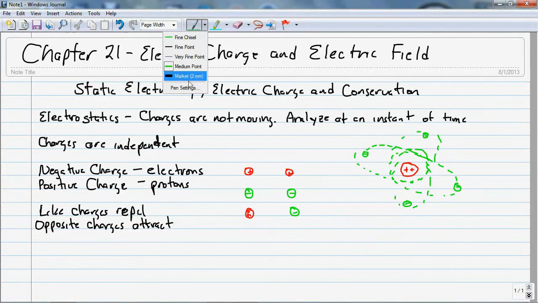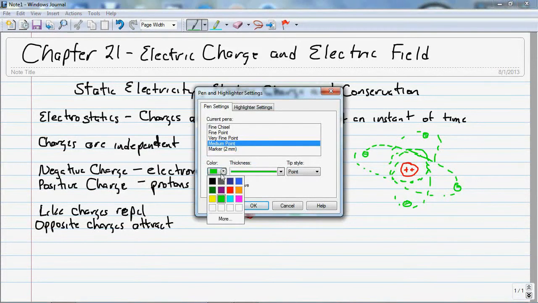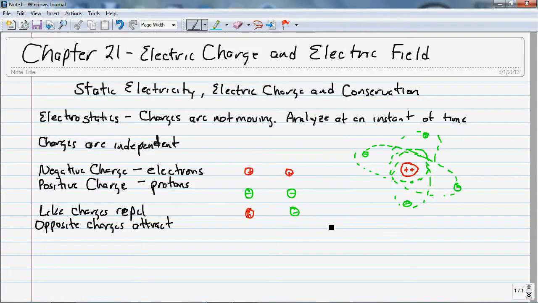So in these different configurations, we have like charges, so they're going to repel, and the two negative charges are going to repel, and the positive and negative are going to attract.